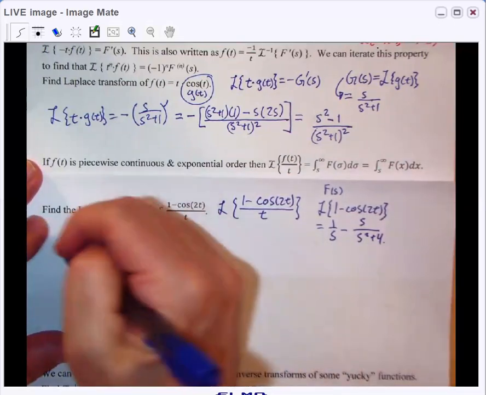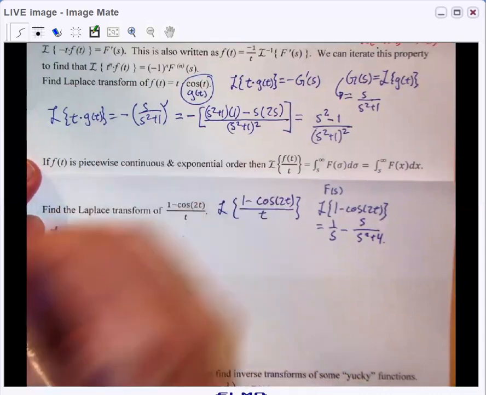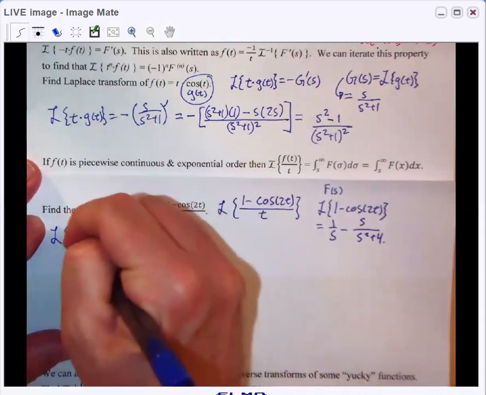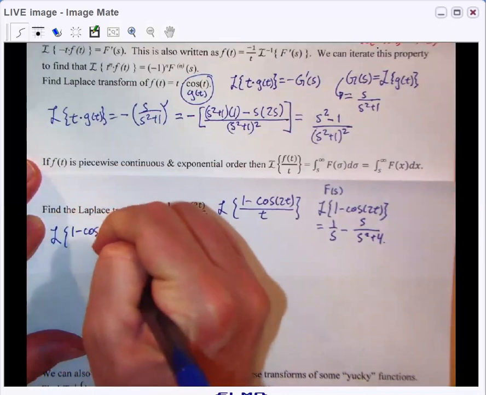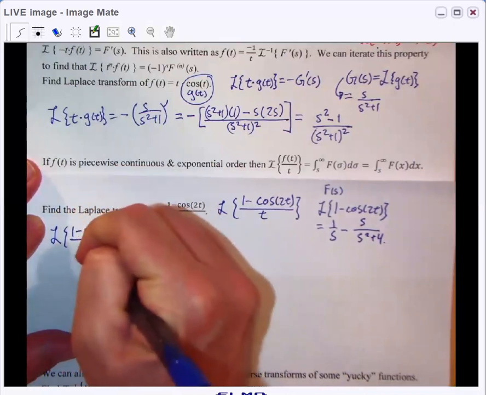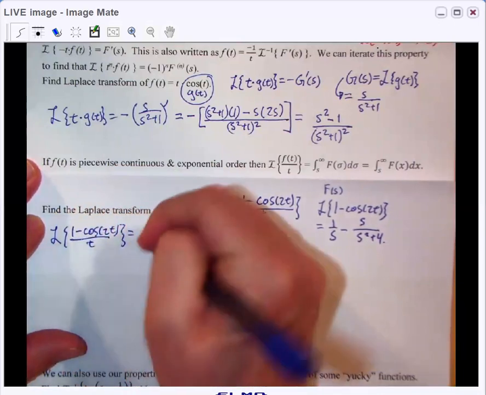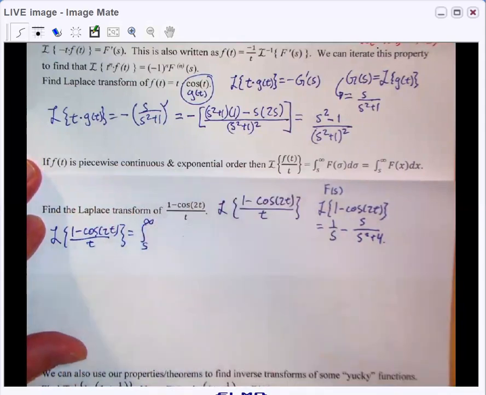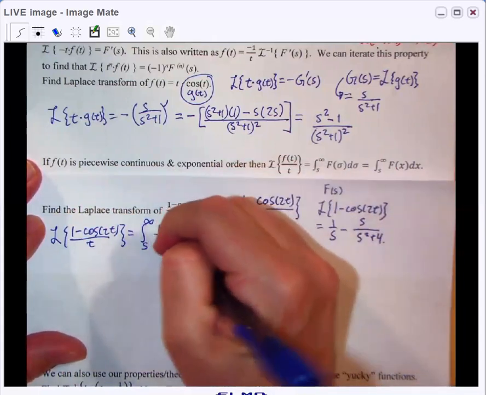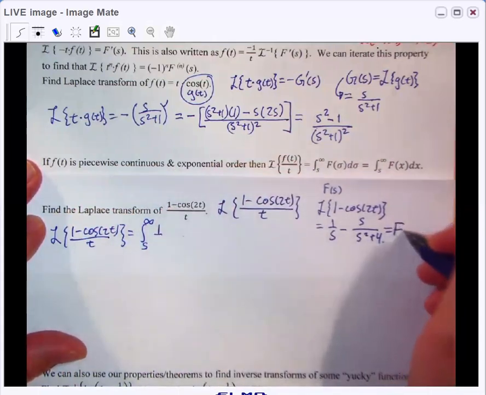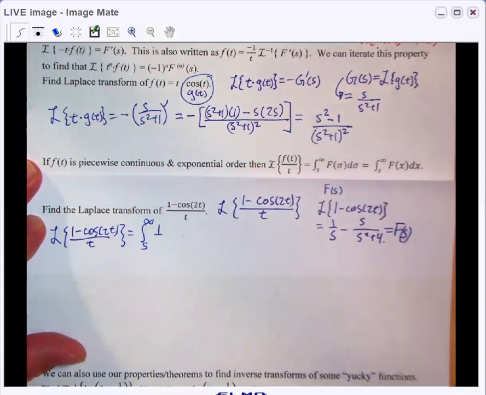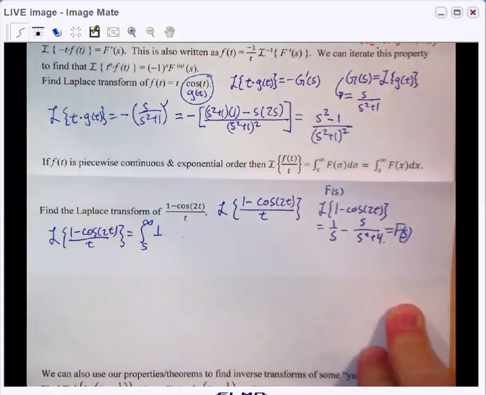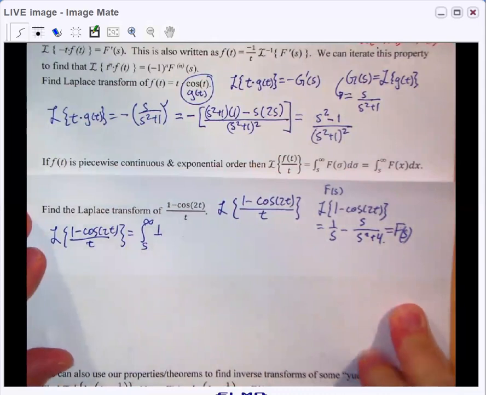So the Laplace transform for 1 minus cosine of 2t over t would be equal to the integral from s to infinity of capital F of s, and so I don't mix up my variables, I'm going to use x.